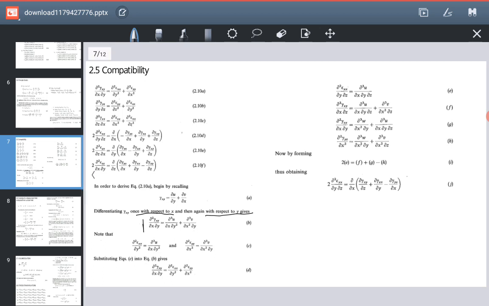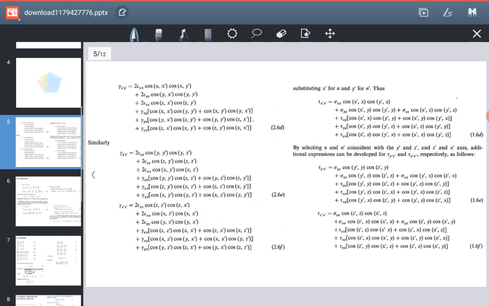So in the end we get this result, but this result is actually equal to, so we can also get this result if we differentiate, I mean, if you see.